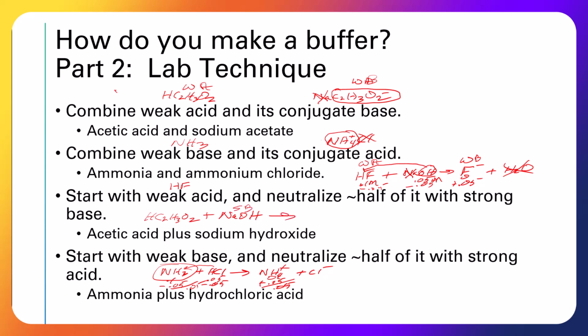Strong base with weak acid, and what we're going to make over here is some sodium acetate, C2H3O2, and we'll also make some water. The deal is the sodium doesn't really count because it's a spectator ion in this reaction. And again, if we use half as much strong base, we are going to make 0.05 of the weak acid and 0.05 of the conjugate weak base. Hopefully you can follow that.